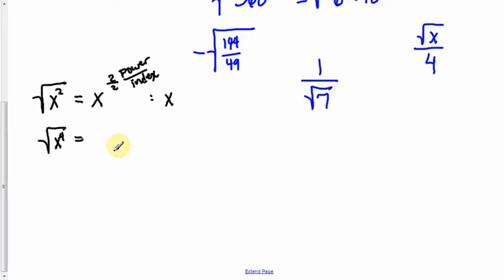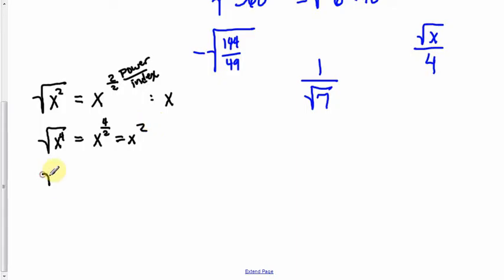Okay, so we take the power and we divide it by the index. So the answer is x squared. So that was the rule that we learned Monday night, correct?